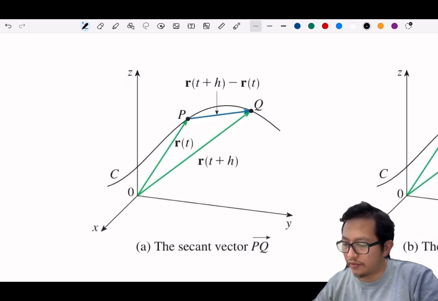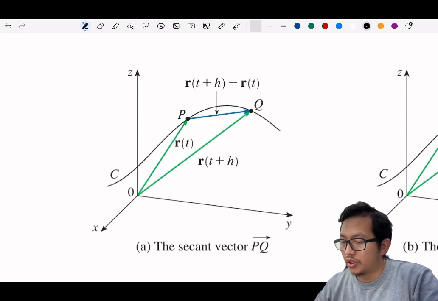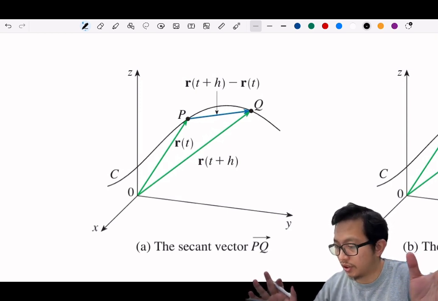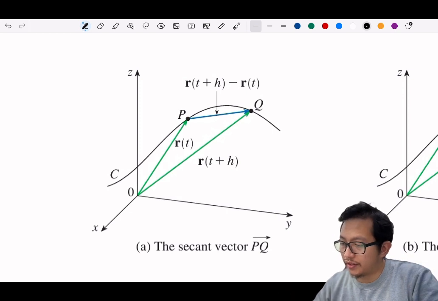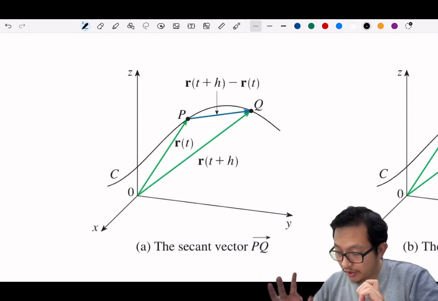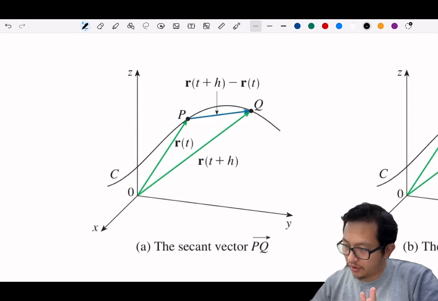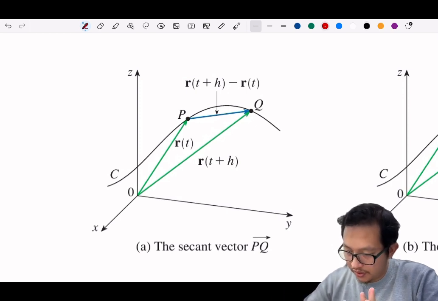Suppose that we have r(t) and r(t+h), which denote the positions P and Q. Using the triangle law in vectors, we have r(t+h) minus r(t), which is going to be the vector function for PQ. We call this a secant vector of PQ. Focus on the curve C, our main curve.